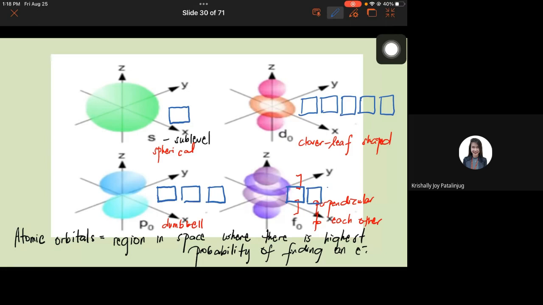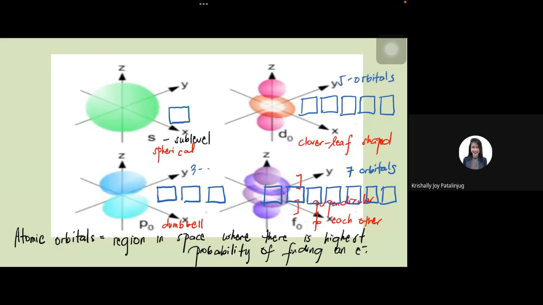One, two, five, then six, seven. So seven orbitals for F subshell. Five orbitals for D, three for P subshell, and then one only for S subshell.